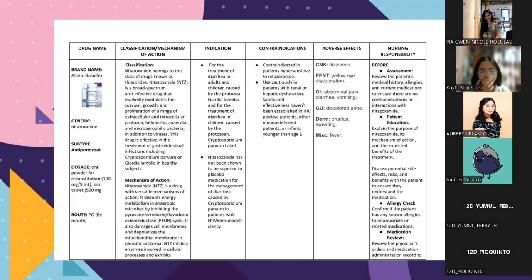Now for the contraindication, in patients who have a known hypersensitivity or allergy to nitazoxanide or any of its components, if a patient has previously experienced an allergic reaction or the hypersensitivity to nitazoxanide, it should not be used.